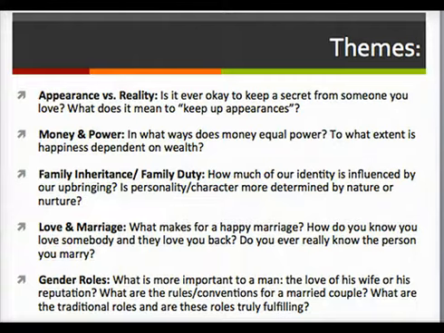And then we have the theme of love and marriage. So obviously, on the surface, this couple seems very happy, at least in Act 1. There's a lot of love and affection and flirtatiousness between husband and wife.